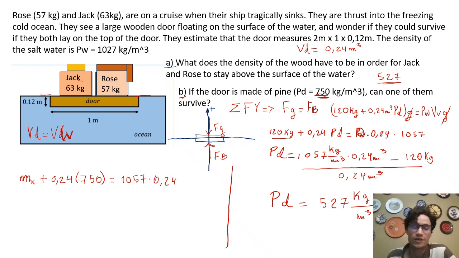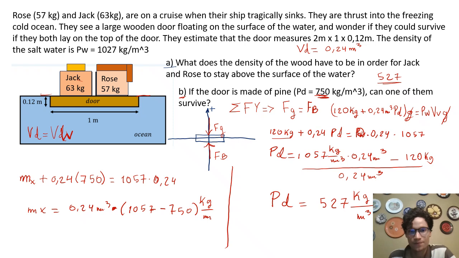The volume of water displaced is the same, so we just replace this variable. The maximum mass is equal to 0.24 meters cubed times 1057 minus 750 kilograms per meter cubed.